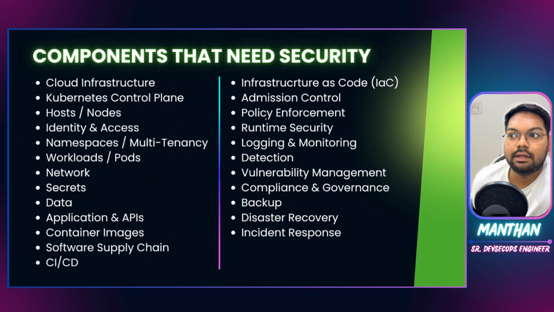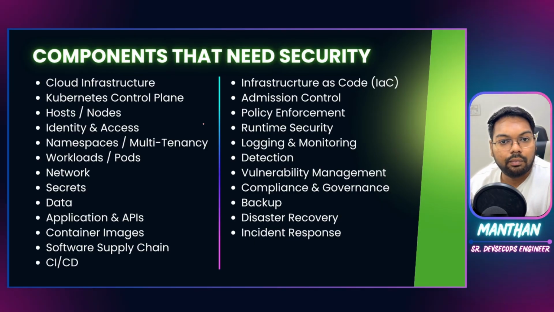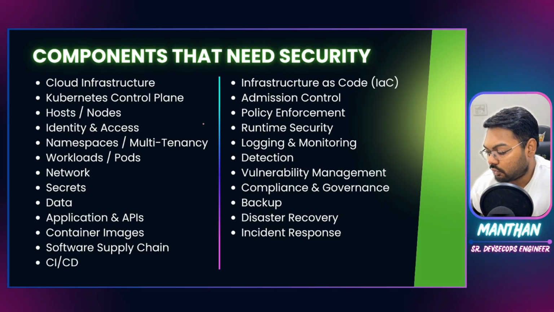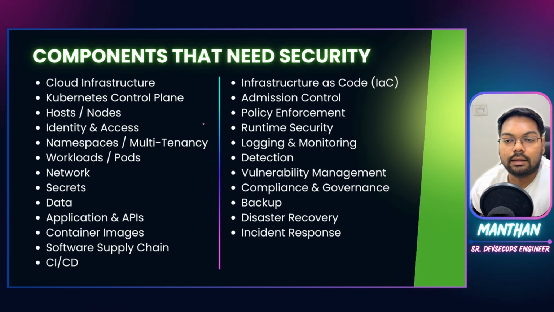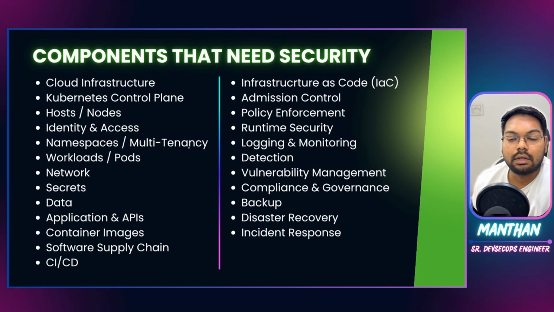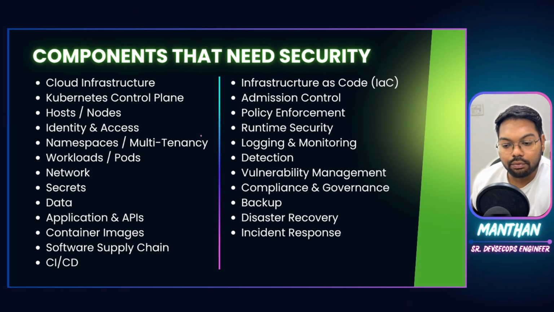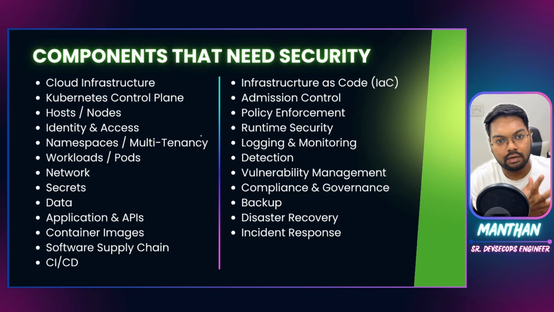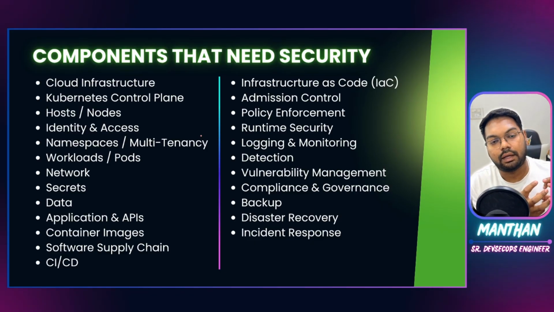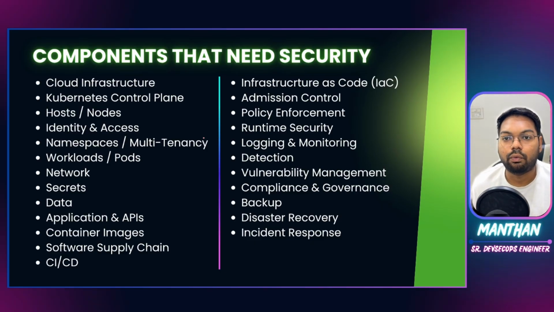talk about the Kubernetes associated components, and then we will discuss what things we can do to secure them, or what the different components are that we need to take care of. So very first of all, as I mentioned, cloud infrastructure is the very first priority you need to secure.